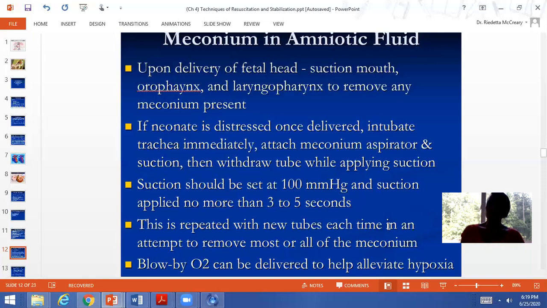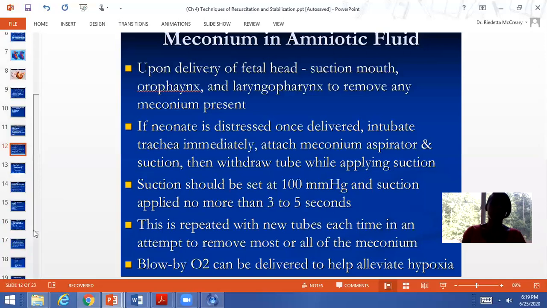I think at the 1 minute mark, a sat of 60 is fine, and we're cool with that. So that baby would not need any supplemental oxygen. You need to be mindful of that saturation chart and use it as your indicator on whether the baby needs any oxygen. Otherwise, you're going to give them 21%, just in case they need the flow.